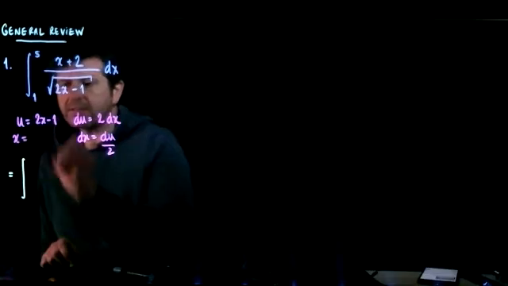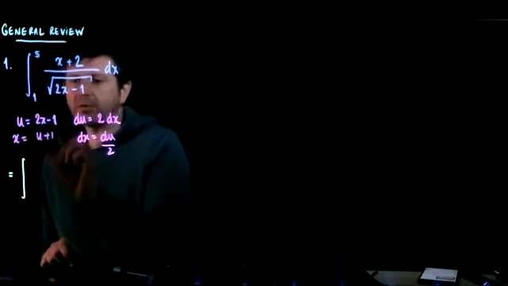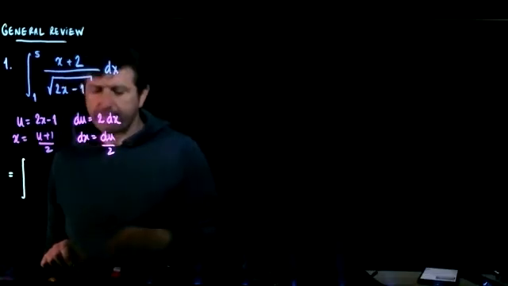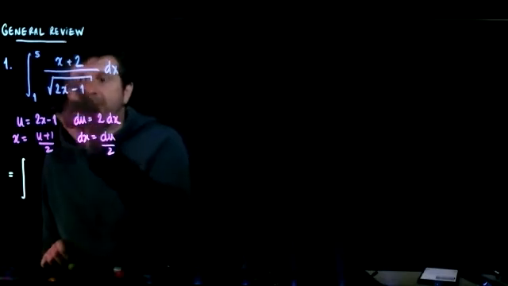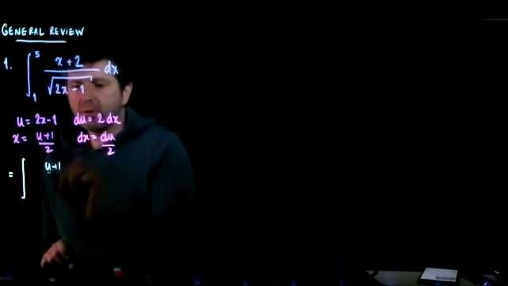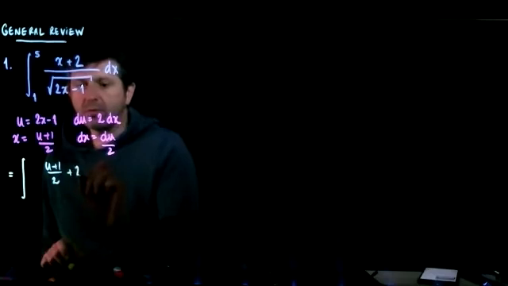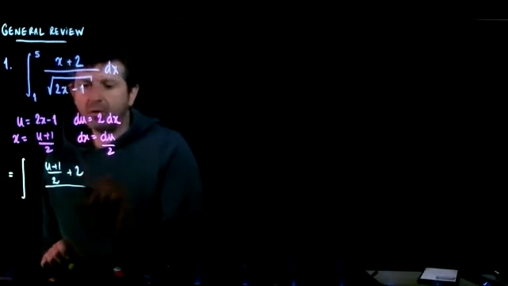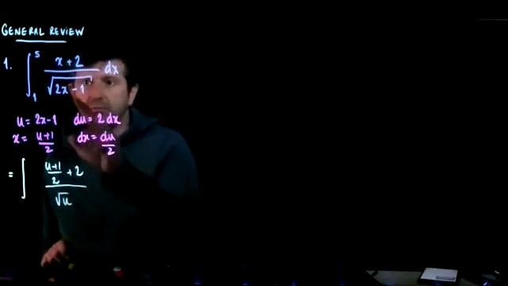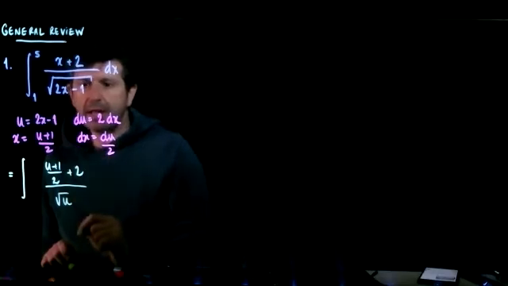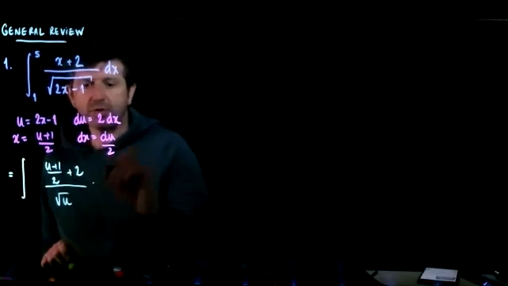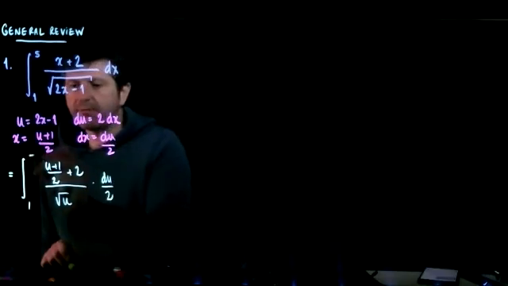If I isolate x, I will get (u plus 1) over 2. So I have x, which is (u plus 1) over 2, plus 2, over the square root of u, times dx, which is du over 2, from 1 to 5.